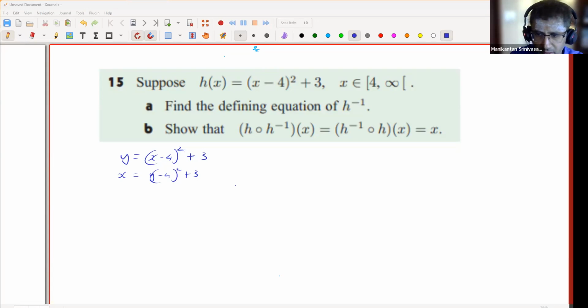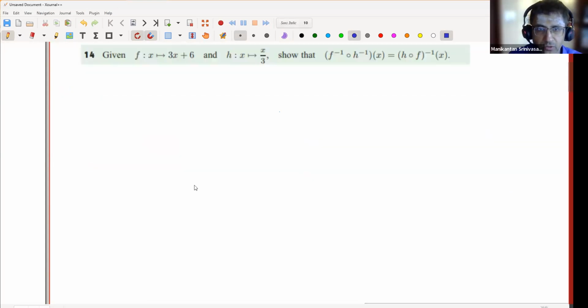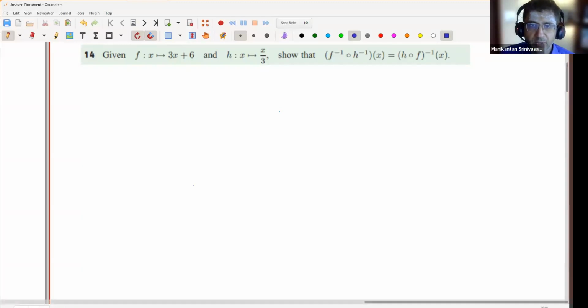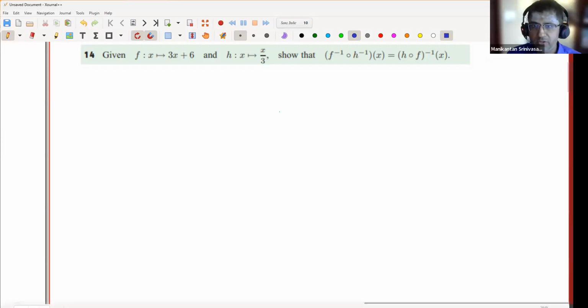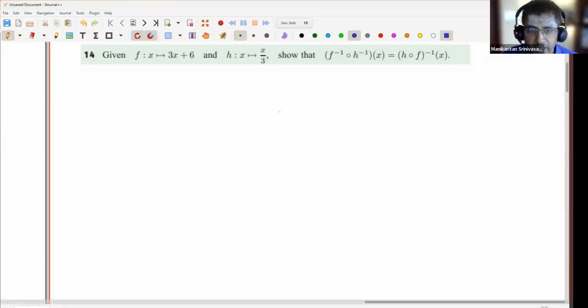Show that, f of x equal to 3x plus 6, h of x equal to x by 3. Show that f inverse of h inverse of x is h of f whole inverse of x. This means we'll have to find each of them separately.